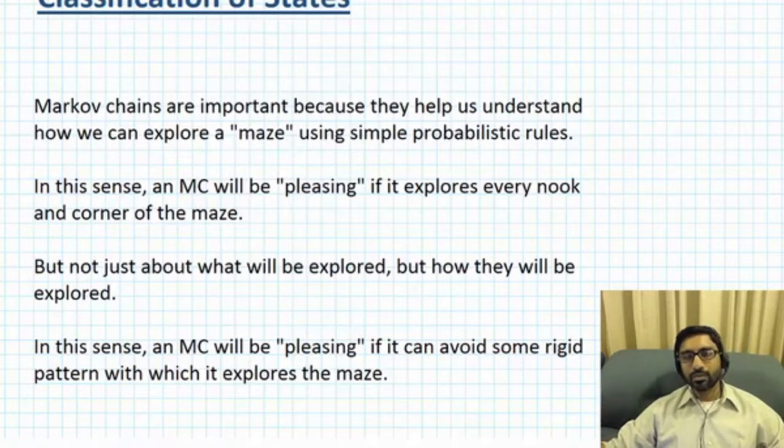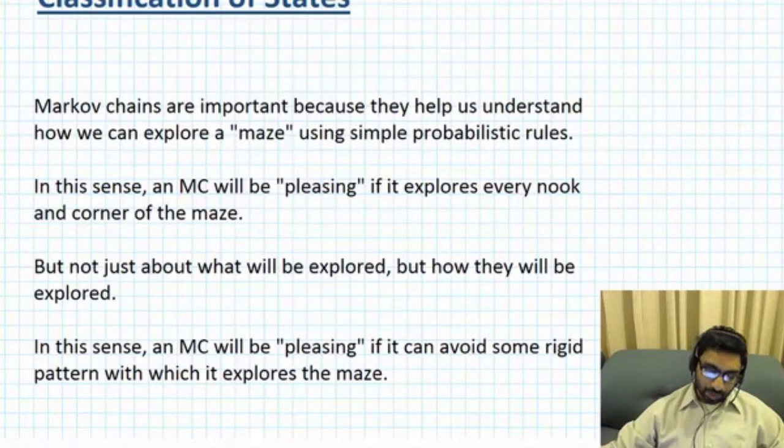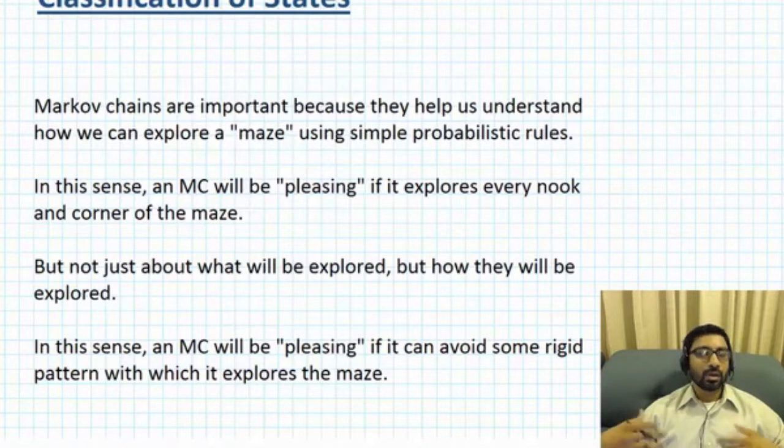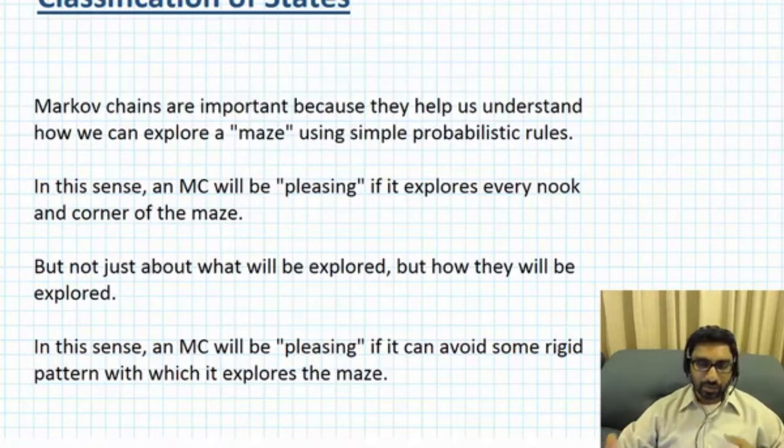With this philosophy behind which these Markov chains are designed, let's try to understand them a little bit more carefully. For that purpose, we're going to understand how the states are classified, and when you classify the states, you're also going to classify Markov chains, and bring out some properties that make some Markov chains more interesting than others.